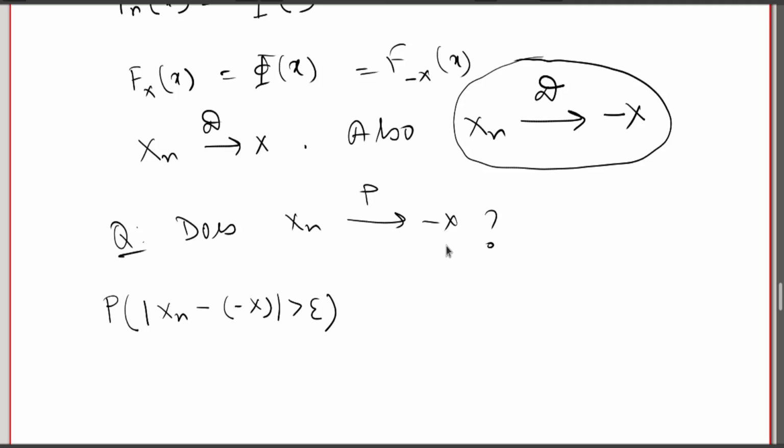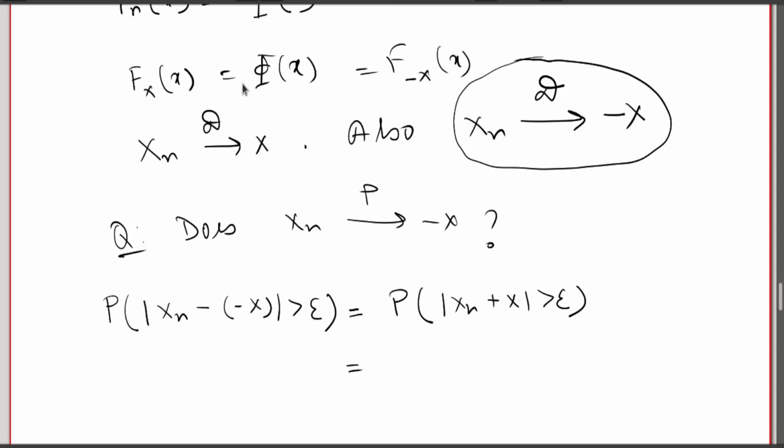If not, if it does not converge to 0 for at least one epsilon greater than 0, then we can tell that Xn does not converge to minus X in probability.